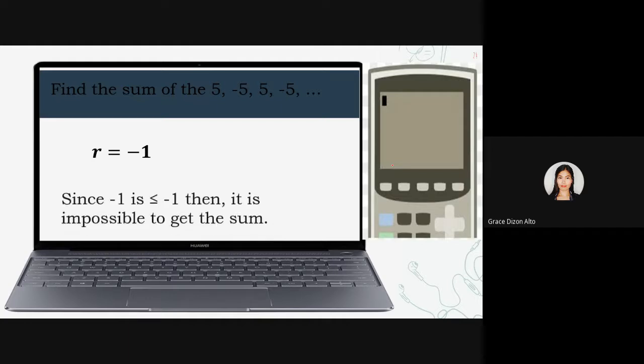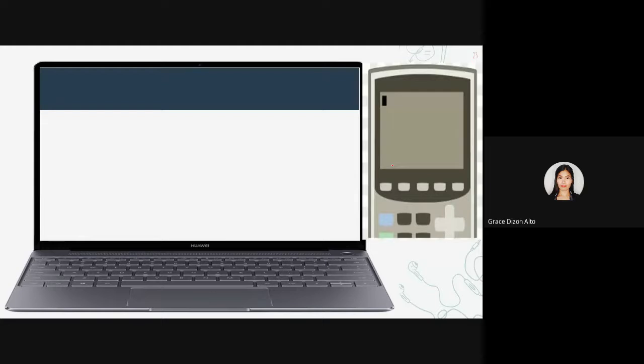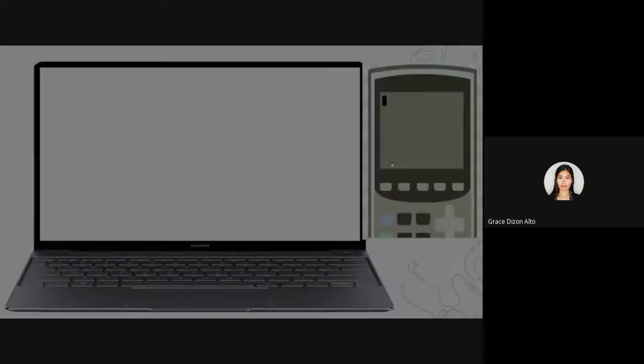And negative 1 will not be accepted since the condition states that r should not be greater than or equal to 1, or less than or equal to negative 1. Okay, so it's impossible to get the sum. So we will skip that. So if ever asked, I will just write impossible.